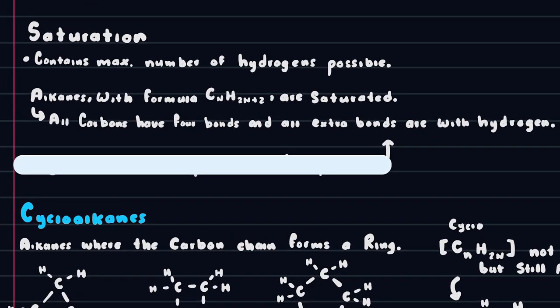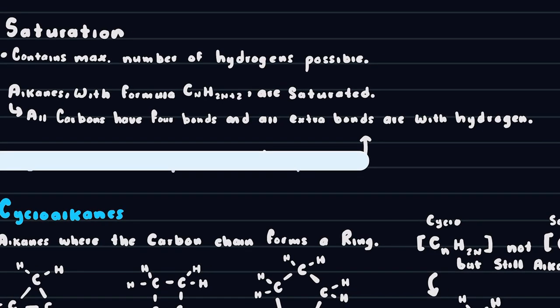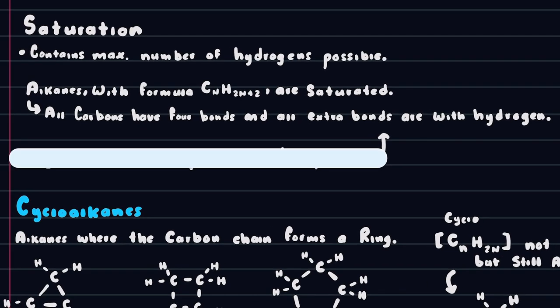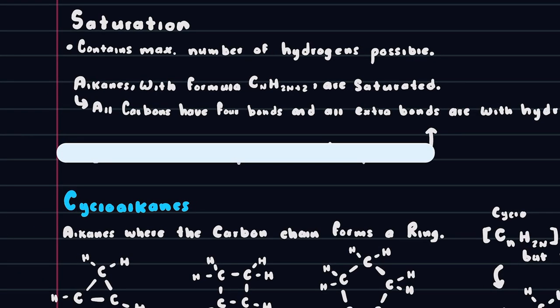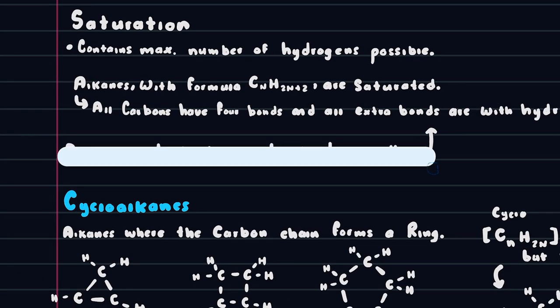Going back to saturation, I blocked this little bit because we had to cover it first, but alkanes with the formula CₙH₂ₙ₊₂ are saturated, like we discussed, because all carbons have 4 bonds and all extra bonds are with hydrogen, aka they have all the maximum possible bonds with hydrogen.